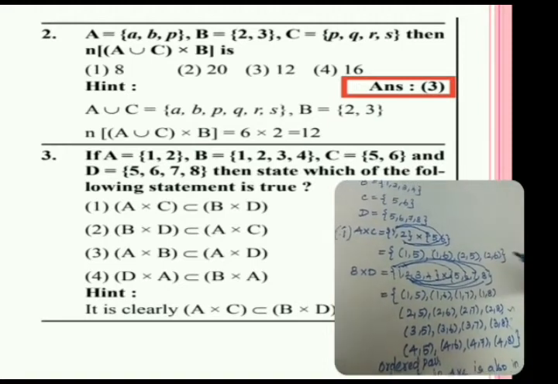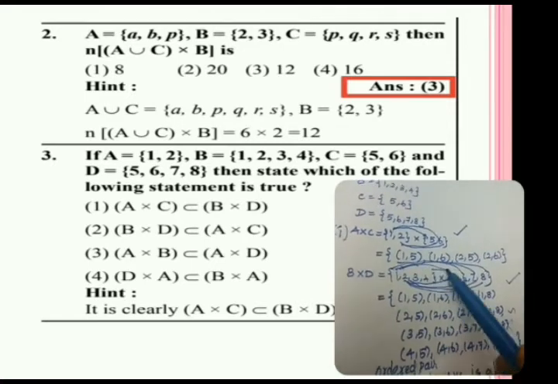(1, 5), (1, 6), (1, 7), (1, 8). Next, with 2, every element's Cartesian product: (2, 5), (2, 6), (2, 7), (2, 8). Likewise, (3, 5), (3, 6), (3, 7), (3, 8). And the last element: (4, 5), (4, 6), (4, 7), (4, 8).